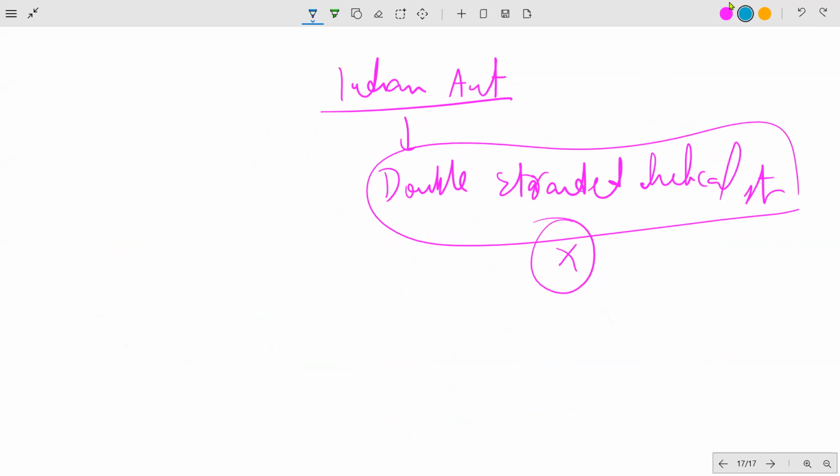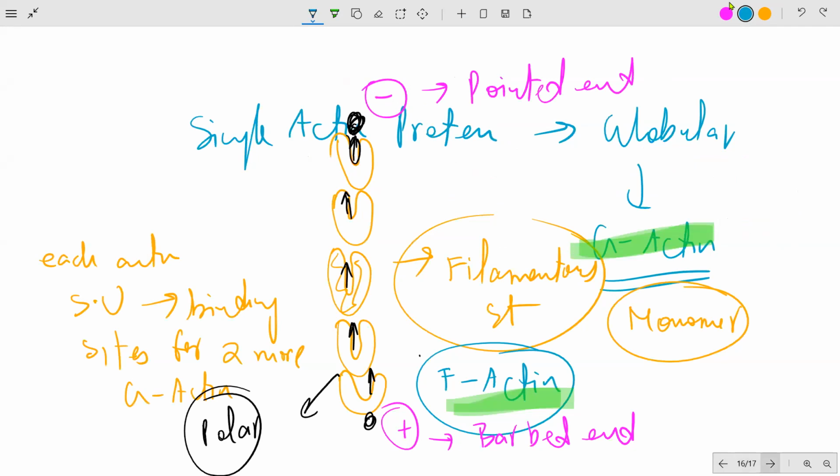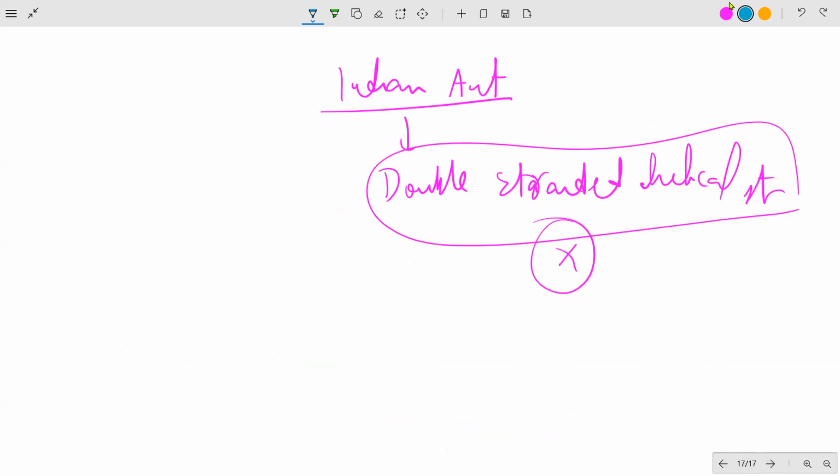We know, अब देखो, during the assembly of the F actin, ये F actin ही तो है. So during the assembly of this F actin, when G actins will come, तो जब F actin की assembly होगी, जब filament की assembly होगी, तो G actin monomers come. But we know during the assembly process, each G actin, ये देखो, this is tilted, this is rotated by an angle of 166 degrees.